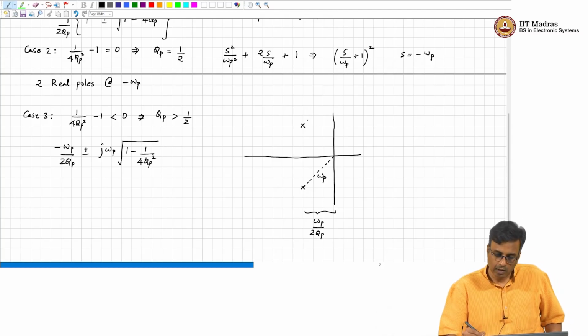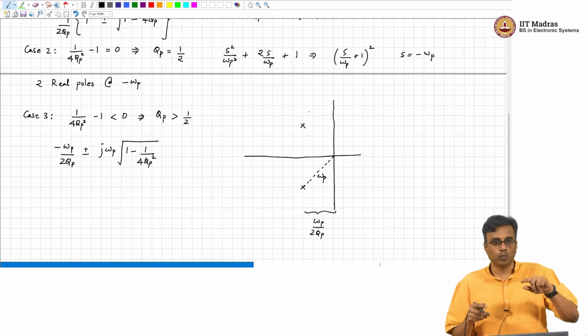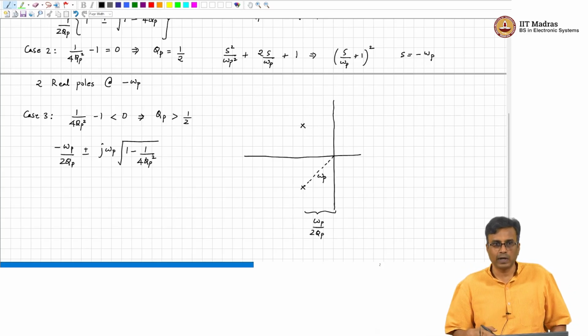So as Q goes on increasing, what comment can you make about the locus of these poles? What is the meaning of locus? If I keep changing Q, for each Q I will keep getting the location of two poles, right. If I join all those points, what will I get?